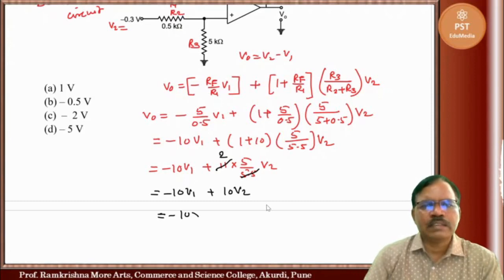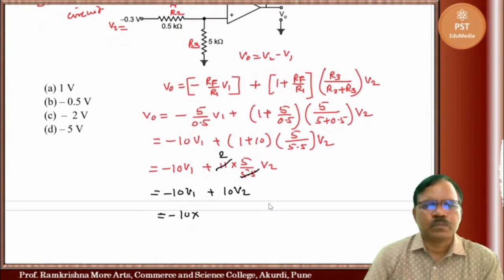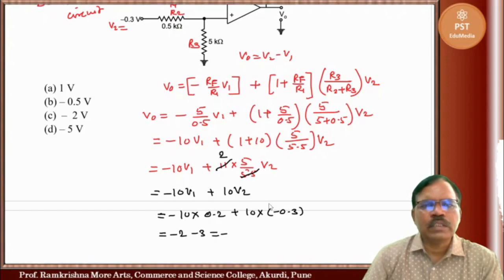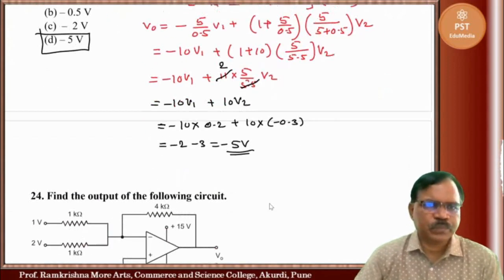Now minus 10 into V1 is 0.2 plus 10 times V2 is minus 0.3. So here we will get minus 2 minus 3, so it is minus 5 volt. So here the answer is minus 5 volt.